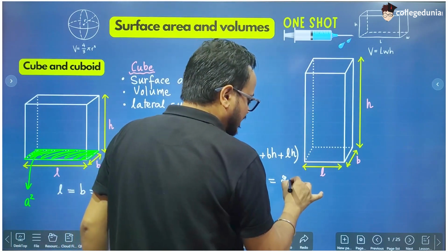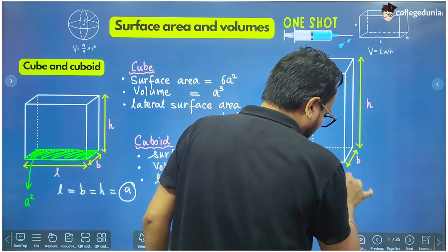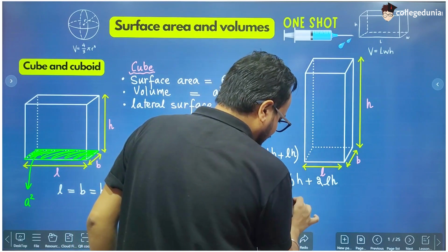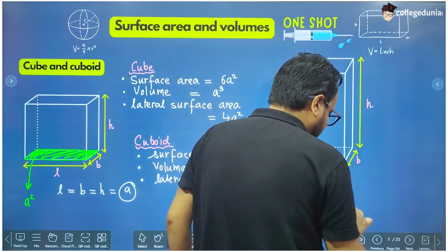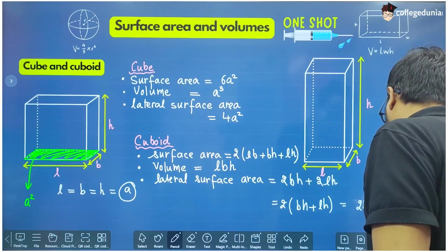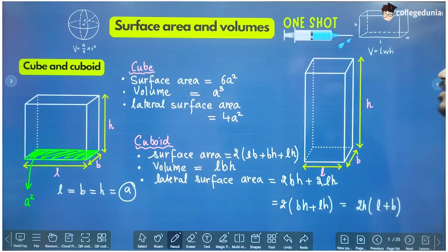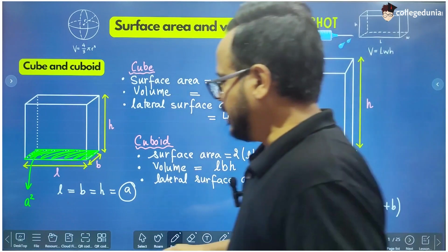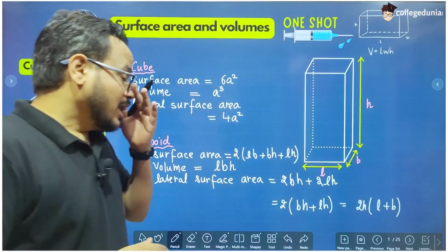That is 2 times BH plus 2 times LH, and if we take 2 common, it becomes 2 into BH plus LH, or we can take H common, it becomes 2H into L plus B. So that is the area and volume of cube and cuboid.